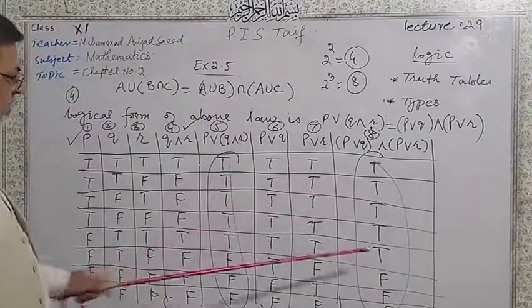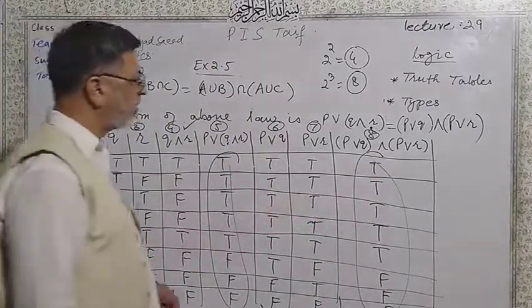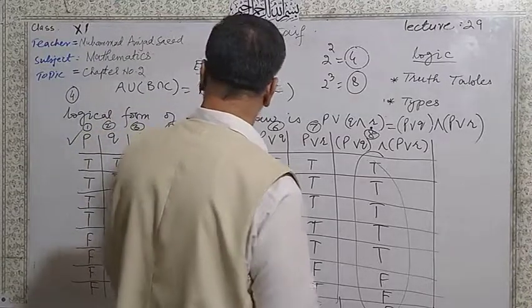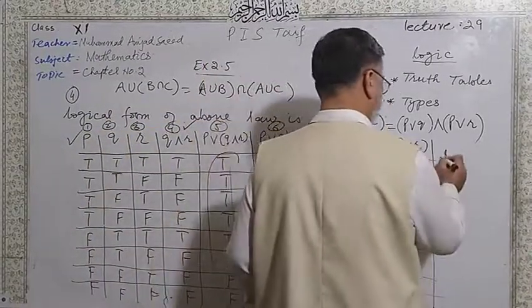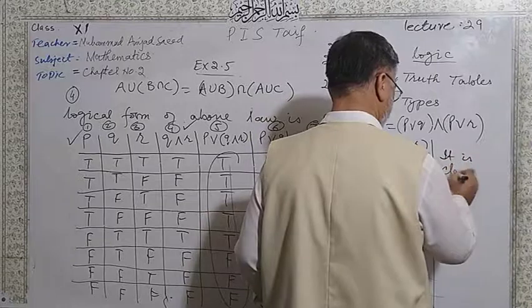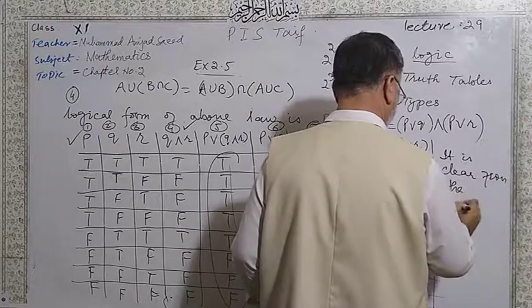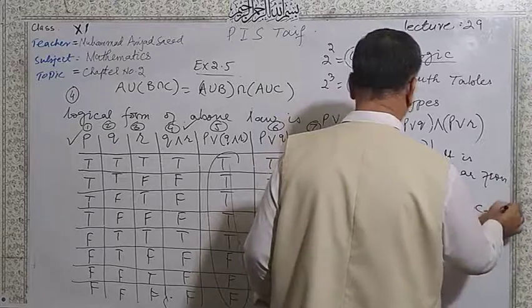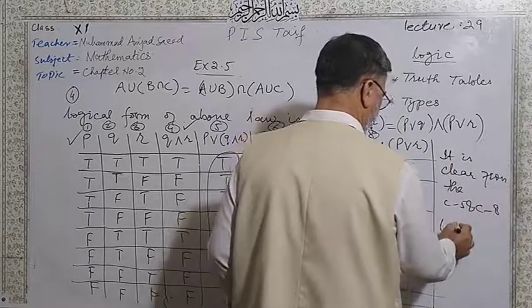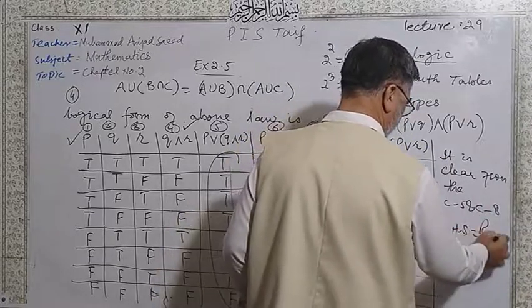These two columns are similar. It is clear from column number 5 and column number 8 that left hand side is equal to right hand side.